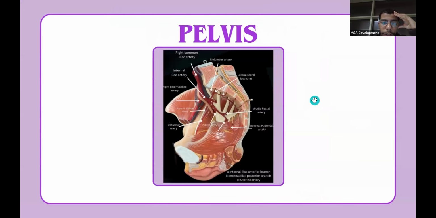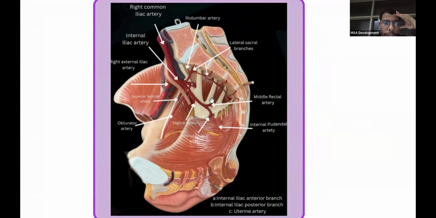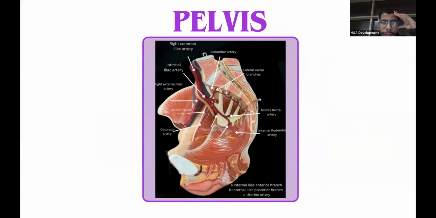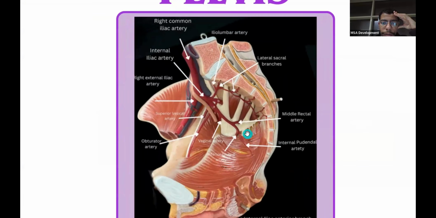Okay, here for the anterior branch, we have the superior vesical here, and then we have the obturator, as you guys can see.